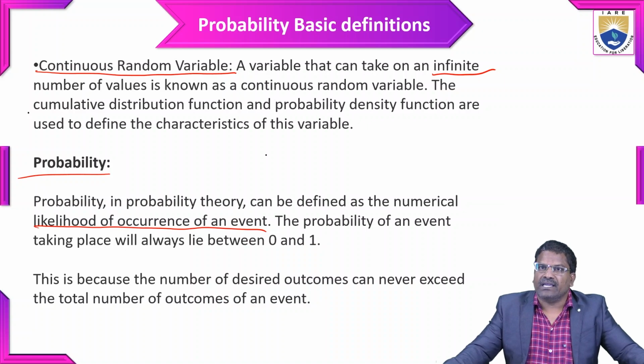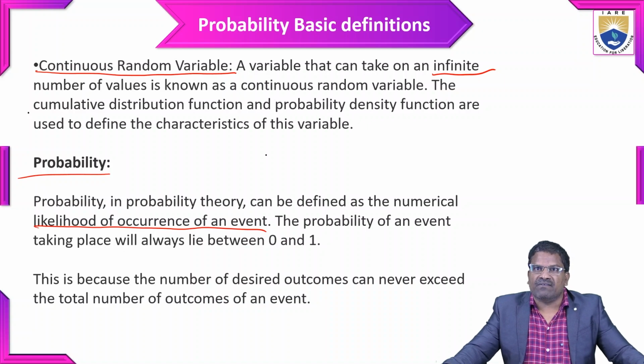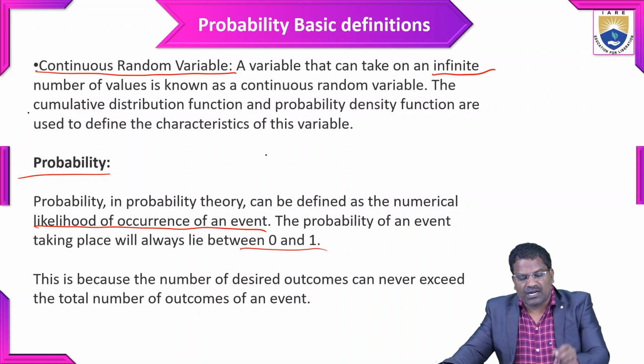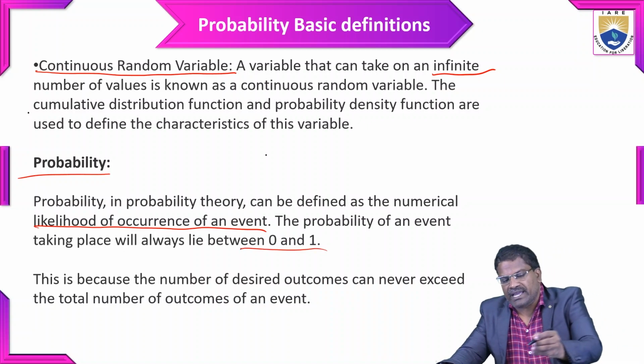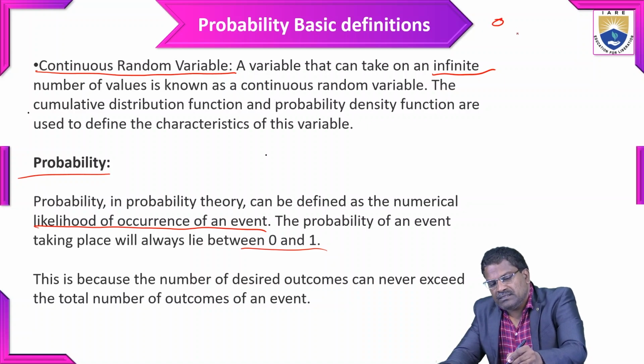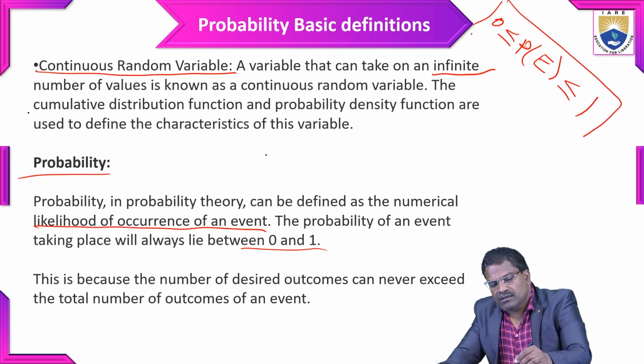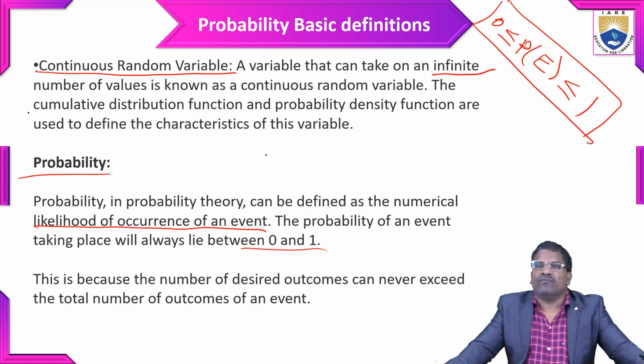The probability of an event taking place will always lie between 0 and 1. That's why 0 ≤ P(E) ≤ 1. This is the main condition of probability.